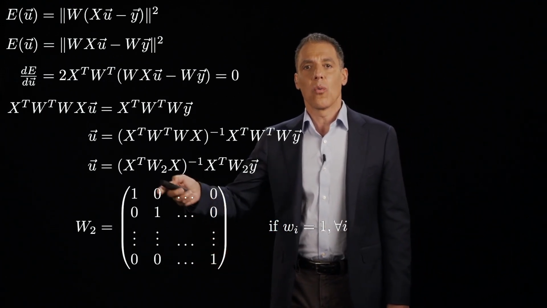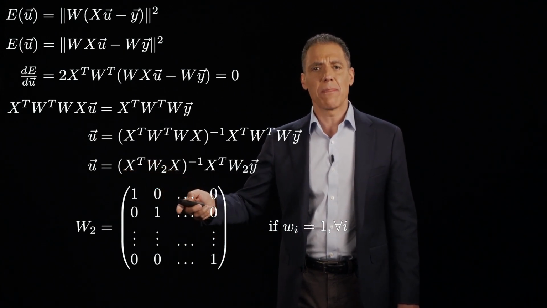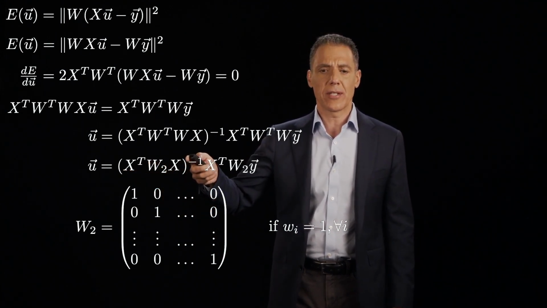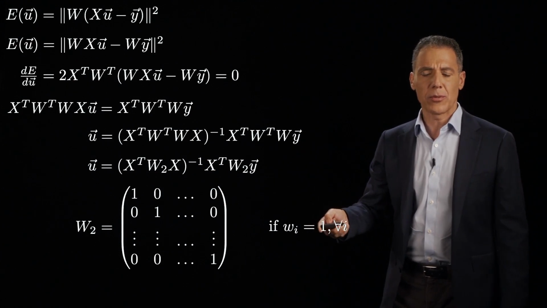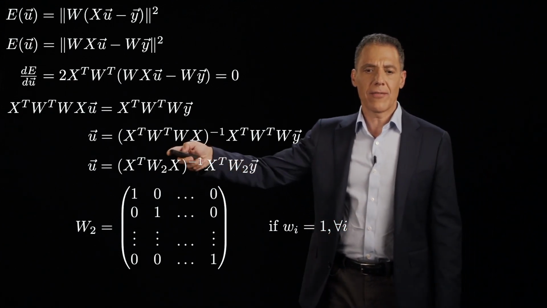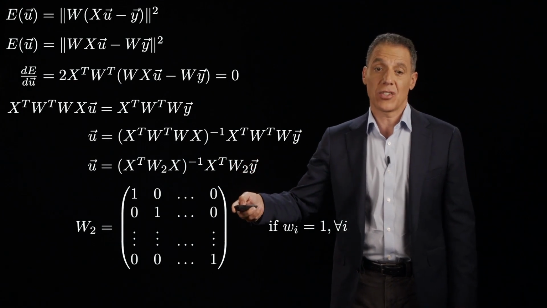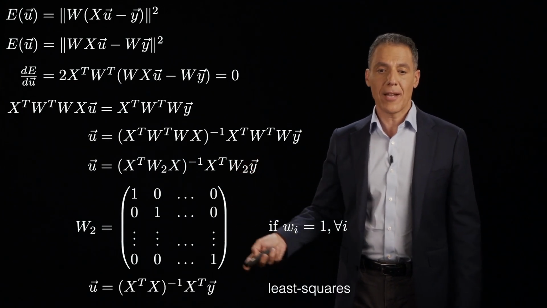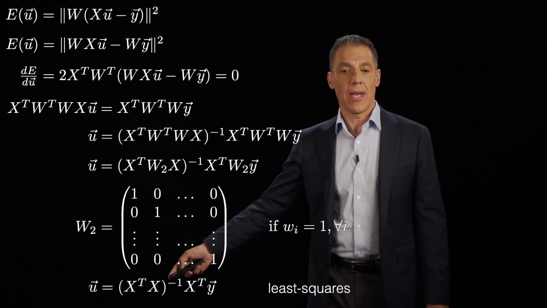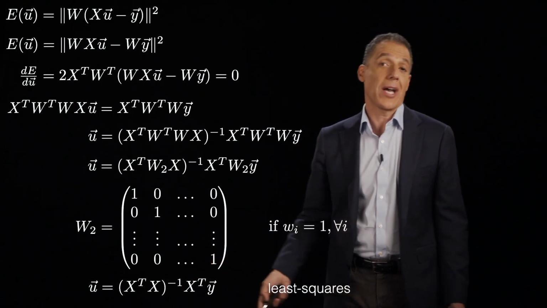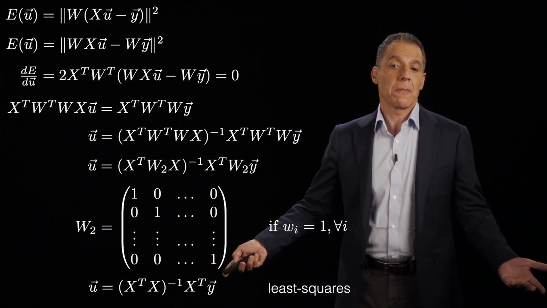So what happens when I put this weighting matrix into this weighted least squares? All the weights are equal to 1. If I have an identity matrix here and an identity matrix here, then it just goes away. And so what are we left with? We're left with u equals X transpose X inverse, X transpose y. That's just least squares.